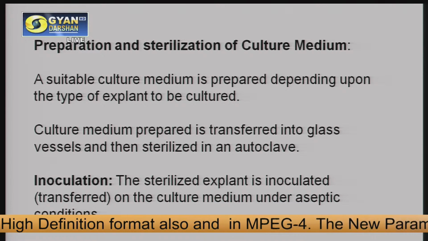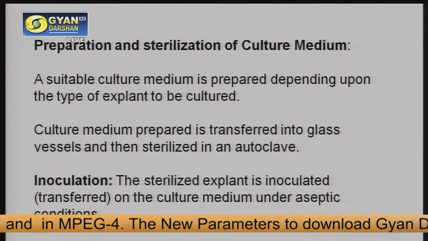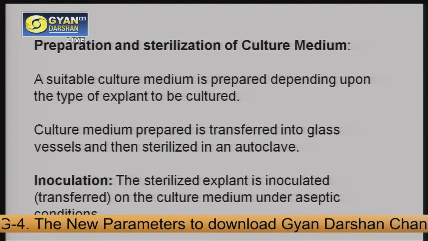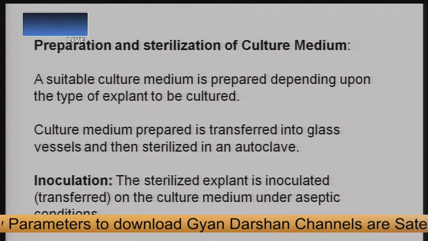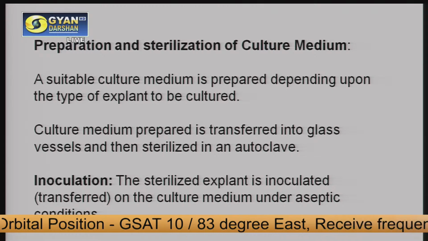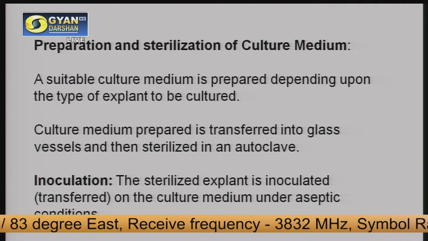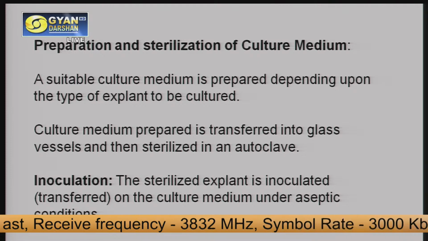Next, once the media is prepared and sterilized and you have all this media in the culture vessels, either in Petri plates or in culture tubes, you have it ready. Next task is you need to inoculate. You have already sterilized your plant tissue and now you need to put the plant tissue in the appropriate, sterilized medium, and that we call inoculation.